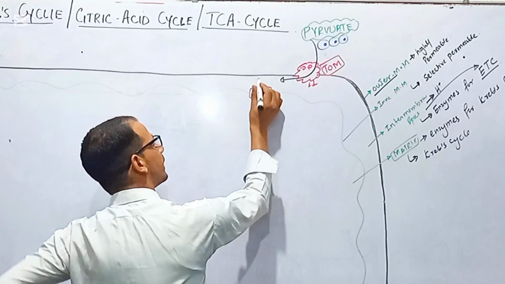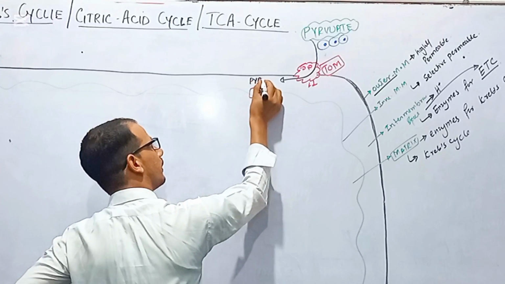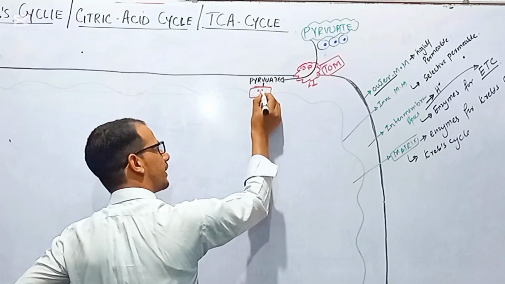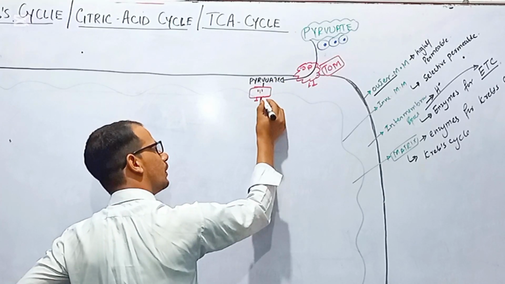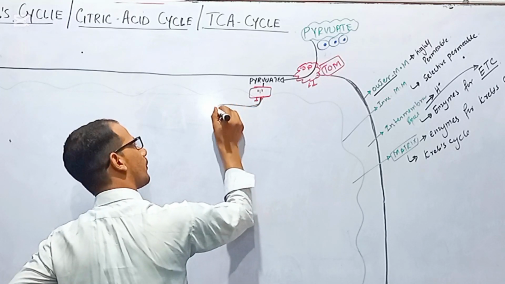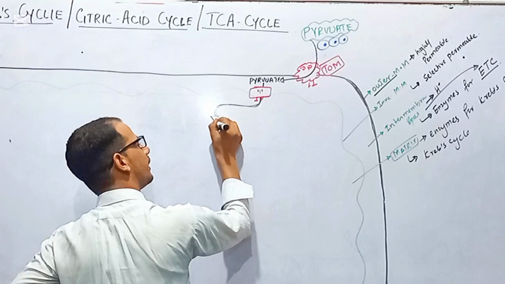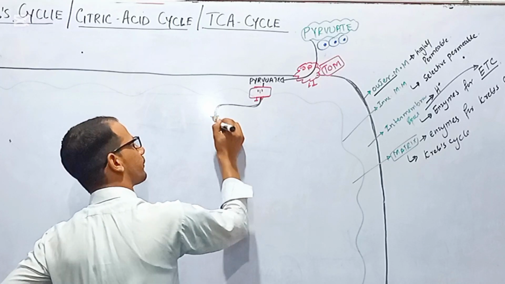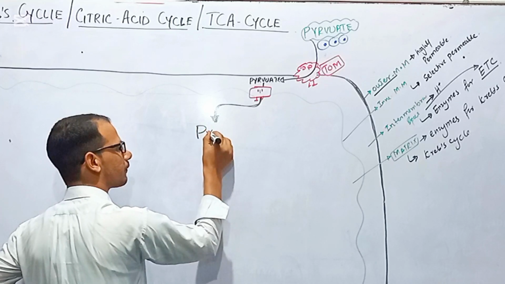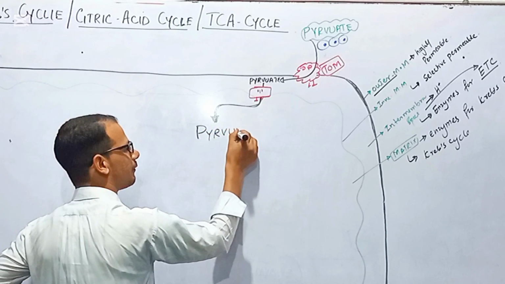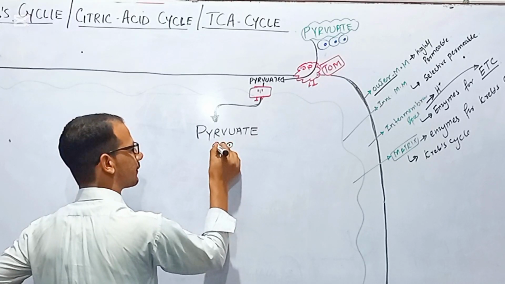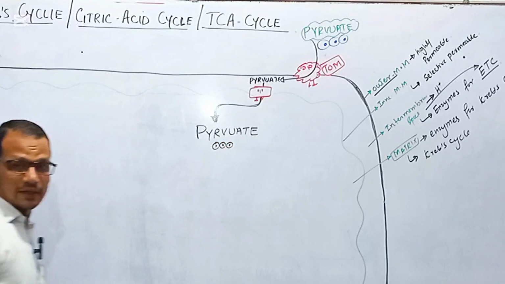For example, this pyruvate is now in the intermembrane space. This protein will take this pyruvate into the mitochondrial matrix. Here now we have pyruvate. This is a 3 carbon compound, right?